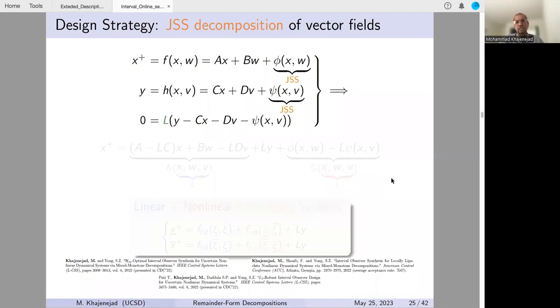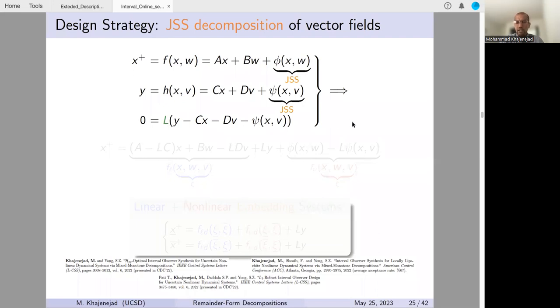The main idea is to do the decompositions on both the state equation and observation equation, turn them into linear terms over state and noise, and Jacobian sign-stable terms with respect to state and noise, and also add this zero term, which is zero by construction from the observation equation, times this now design factor L, or observer gain to be designed, L, right?